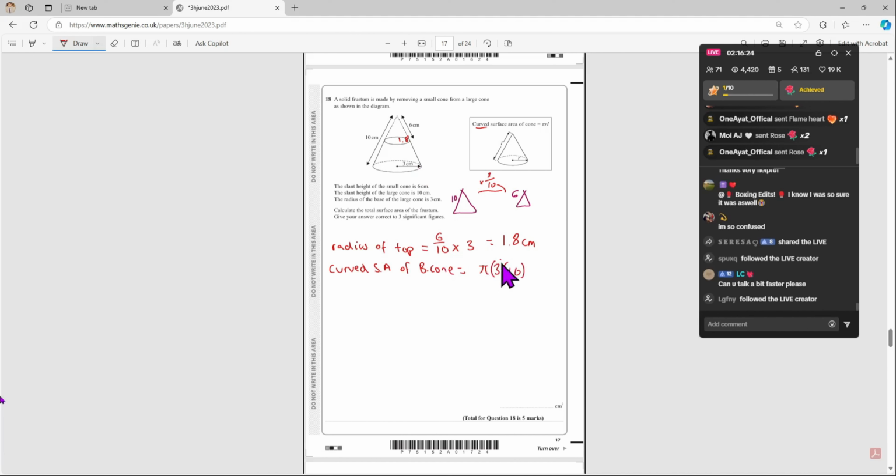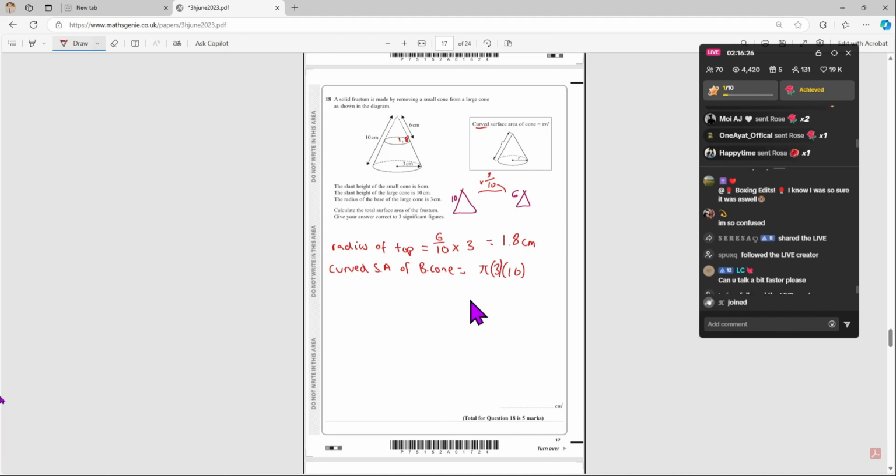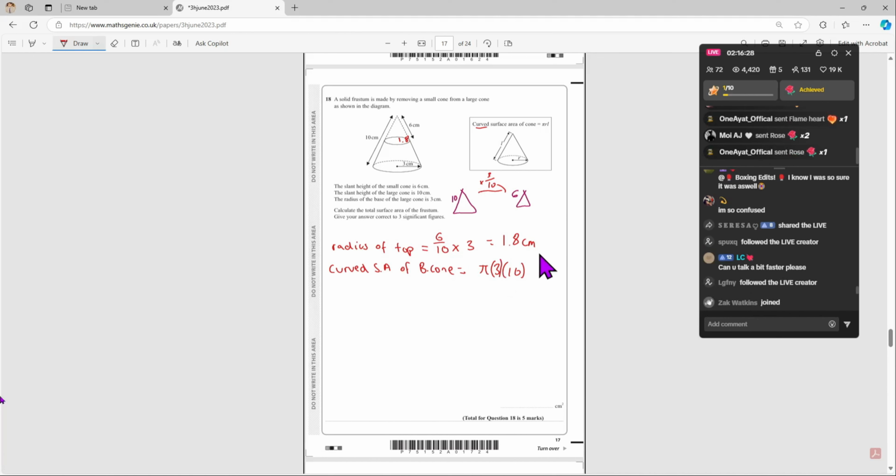When you simplify this, that will just be 30 pi.